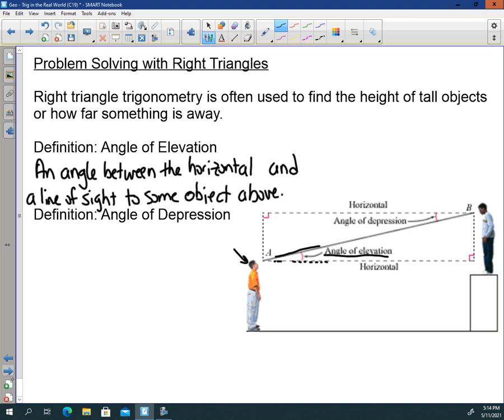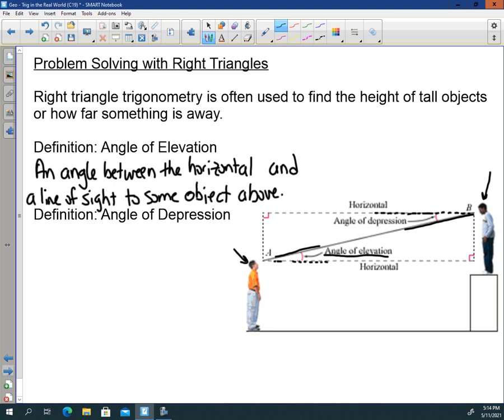If you were looking straight ahead, you'd be looking along the horizontal. But the angle of elevation is the angle, the number of degrees that your sight has gone up from that horizontal place. The angle of depression is exactly the same idea, except now you're looking down. This guy over here, standing on the box, if he looked straight ahead, he would be looking along the horizontal. But now he's looking down at this guy down there standing on the ground.